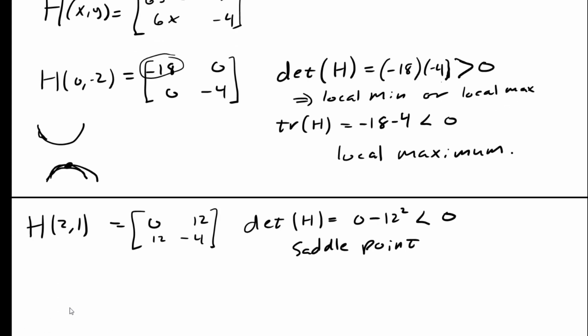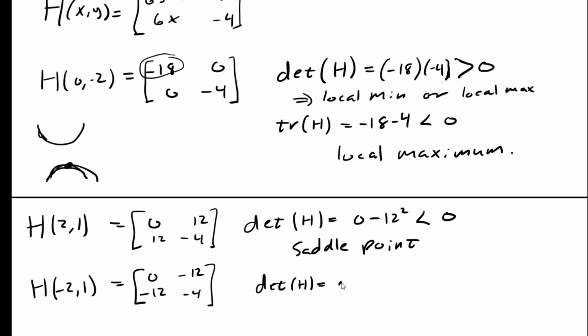And let's check the last point, which was (-2, 1). So that's again 0. We have minus 12, minus 12, minus 4. This doesn't change anything. 0 minus minus 12 squared, still less than 0, saddle point.